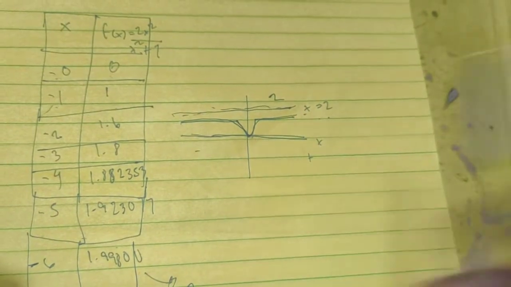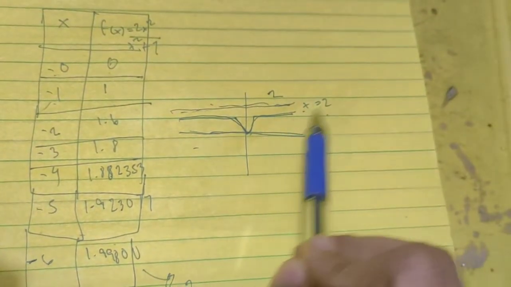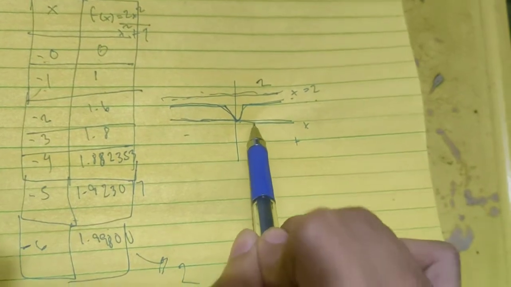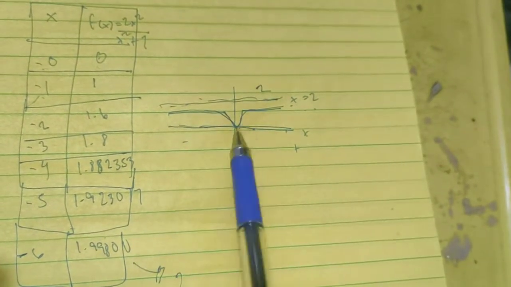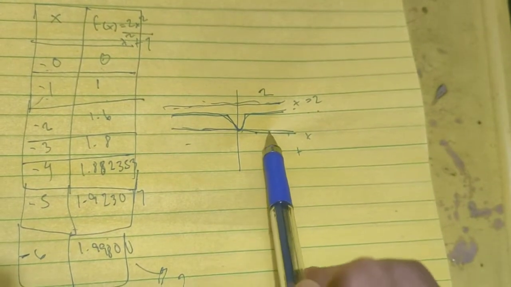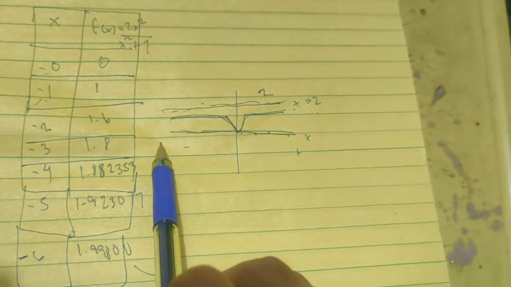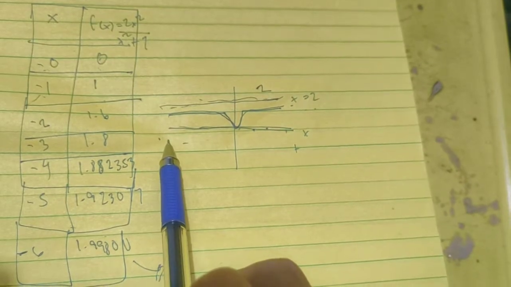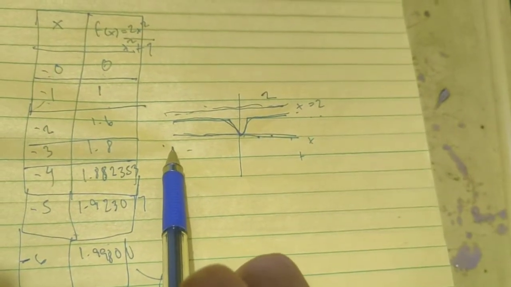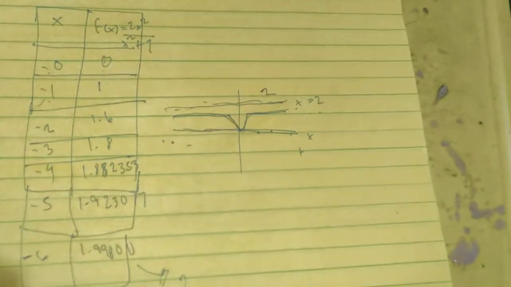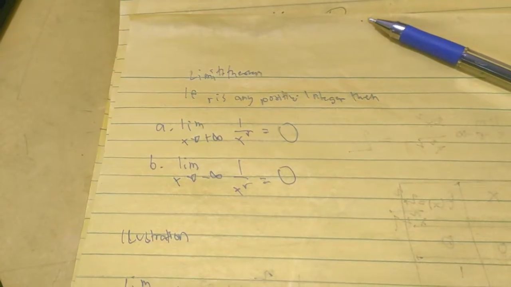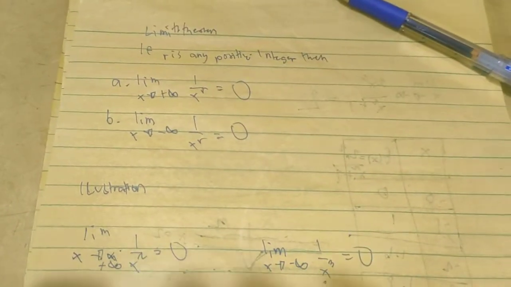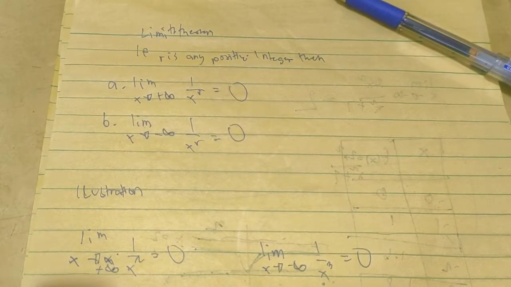Here, it approaches 2 but never touches 2. So this is the positive side, and this is the negative. So in order to answer it quickly without using those tables, we need to follow this limit theorem.